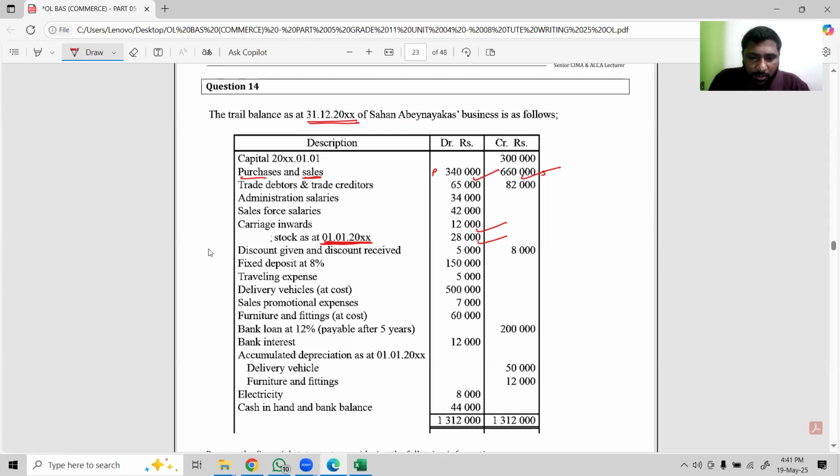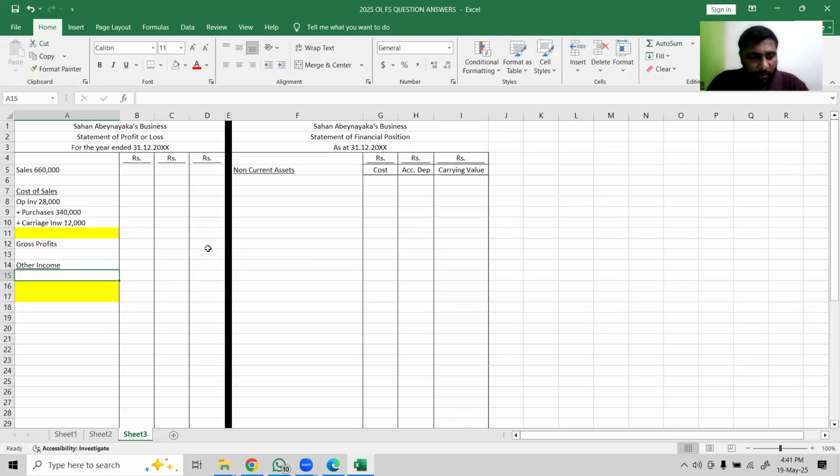Discount given is an expense. So this should be discount allowed or discount given. This one should be discount received. Discount received is an income. Incomes are credit side, expenses are debit side. So we'll write this income. Discount received income 8,000.